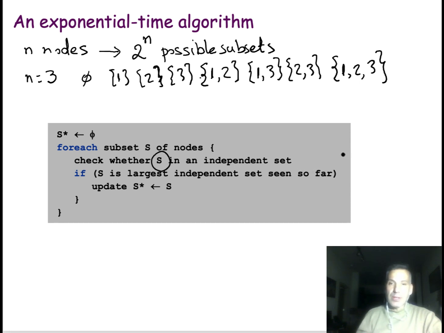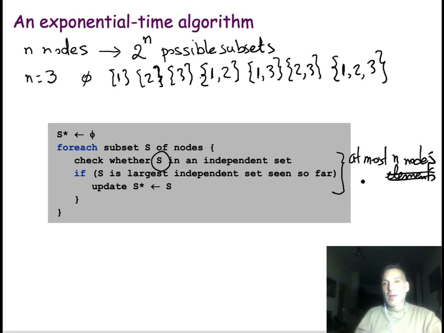How much work is involved in checking that, given that any of these sets can be at most n elements? To check whether any two nodes are connected by an edge, it would take at most n squared operations.